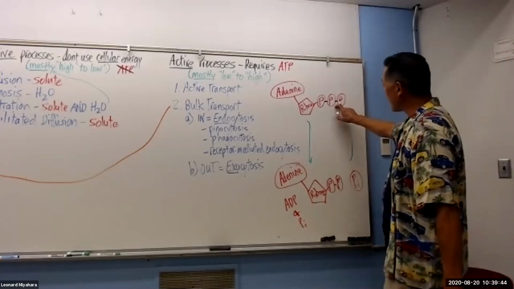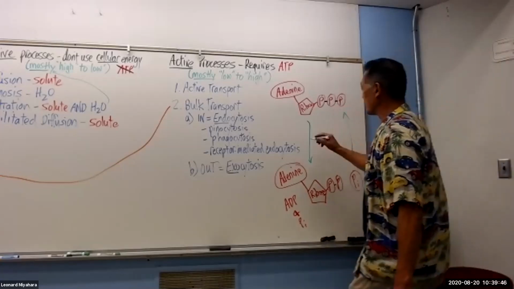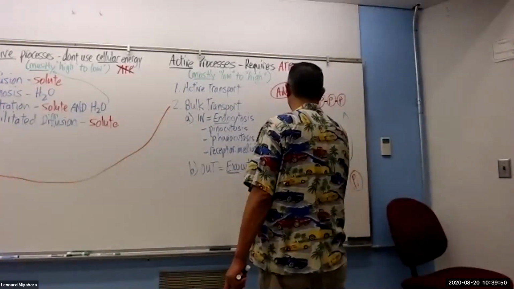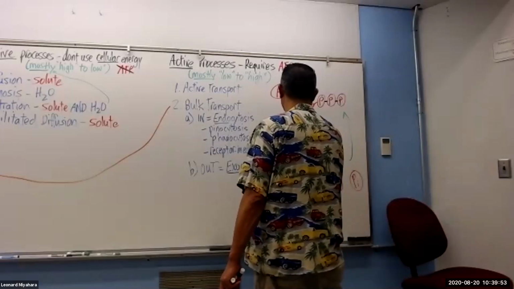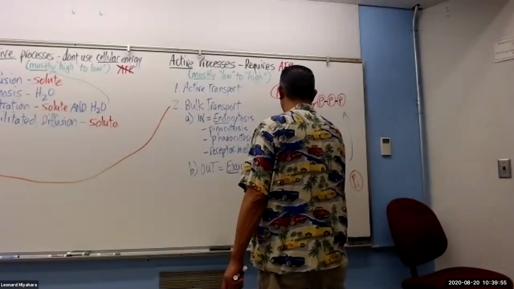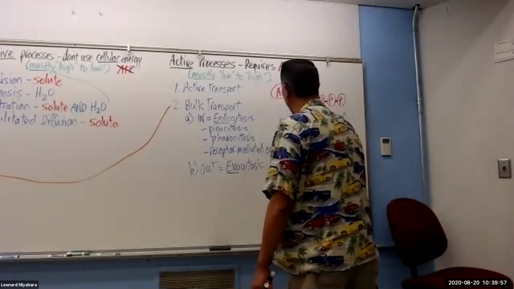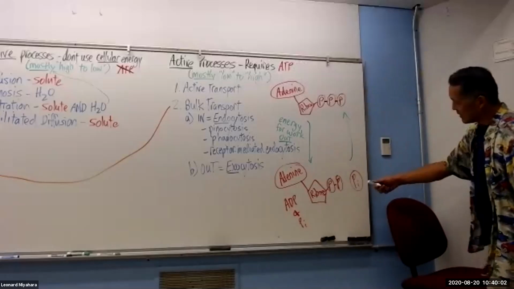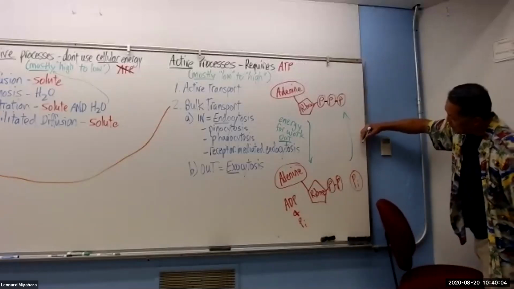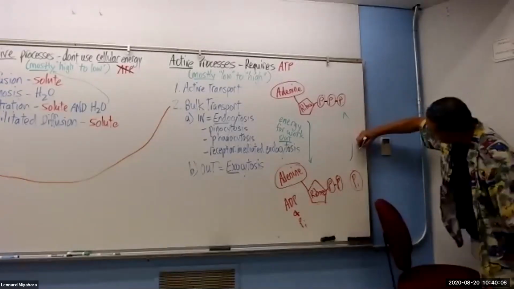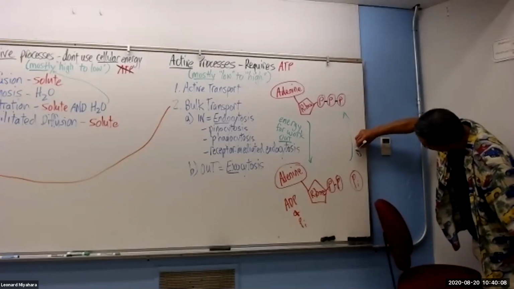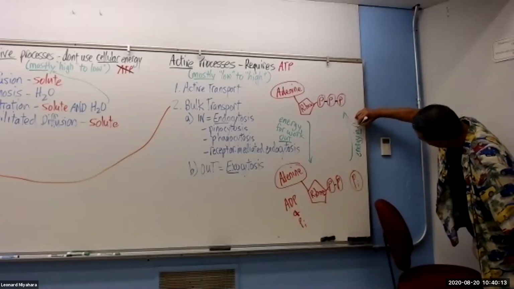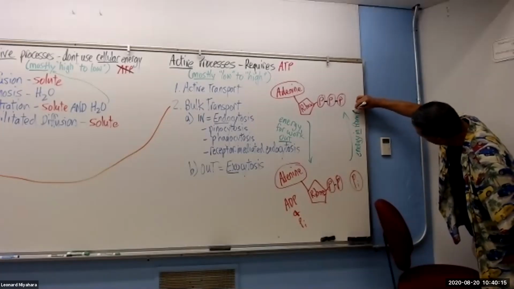When you break that bond, energy is released to do work. You could think of it as energy out. When you put that last phosphate group back on ADP and make it ATP, this has to be energy in from food. That's why you got to constantly eat.